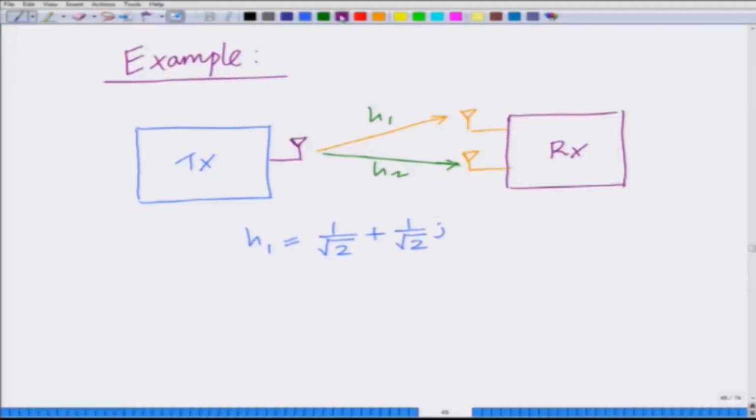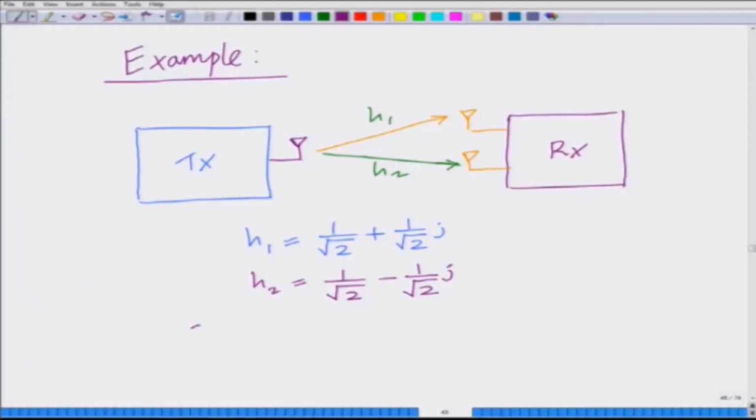This is a simple example, and we are considering h2 equals 1 by square root of 2 minus 1 by square root of 2 j. Therefore, we have these two fading coefficients, h1 which is 1 by square root of 2 plus 1 by square root of 2 j, and h2 which is 1 by square root of 2 minus 1 by square root of 2 j.